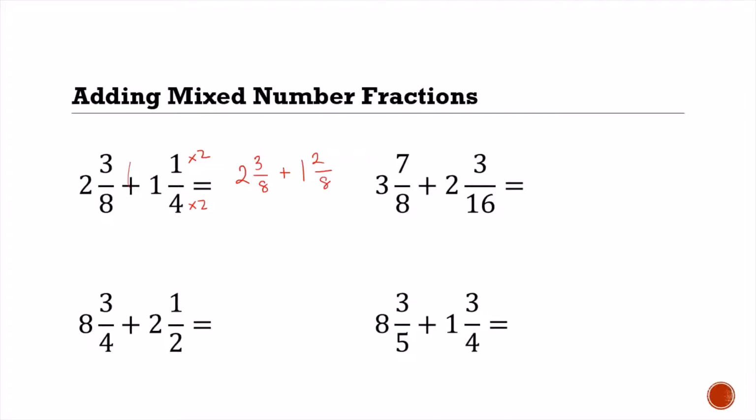Well, we know we have 3 whole cases even if we ignore the fraction part. So we are going to add our whole numbers separately and then add our fraction part. So this is going to be equal to 3 and then a fraction part. So we have 3/8 here and 2/8 here. So that's going to be 3 and the 8s that we have because that's our common denominator. 3 plus 2 is 5.